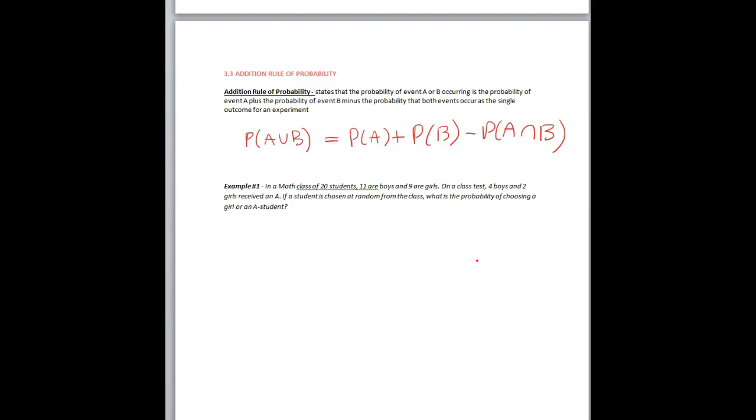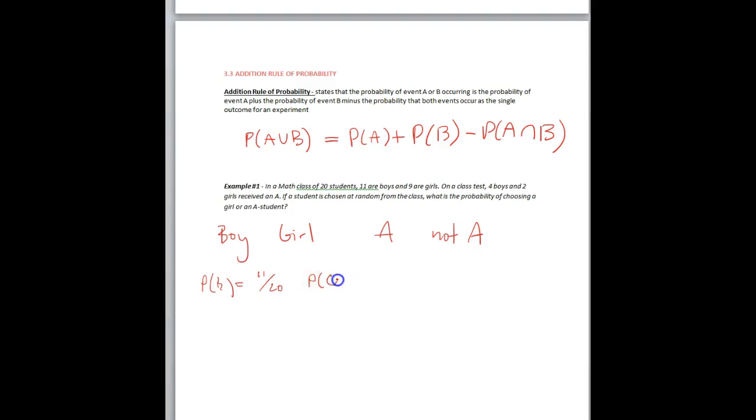Okay, so there are two types of probabilities that we will name. You could be a boy or a girl, and they will have certain probabilities associated with them. And then we can have an A or not an A. So we can associate probabilities with these. The probability of being a boy, say probability of B, is 11 of 20, because there are 20 students in the class and 11 boys.